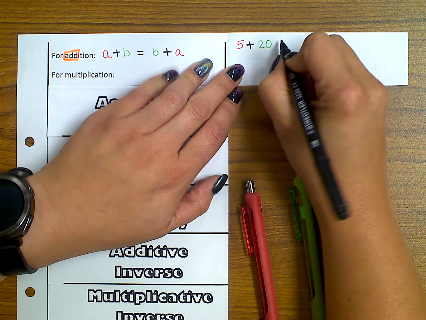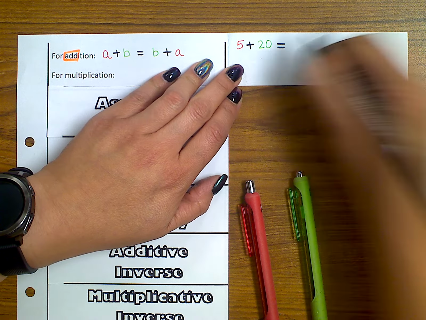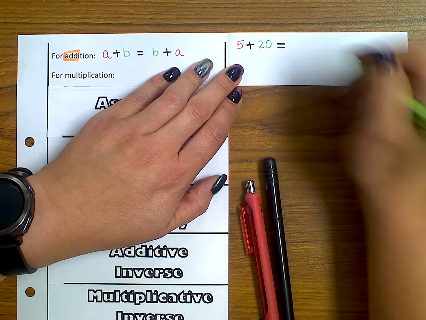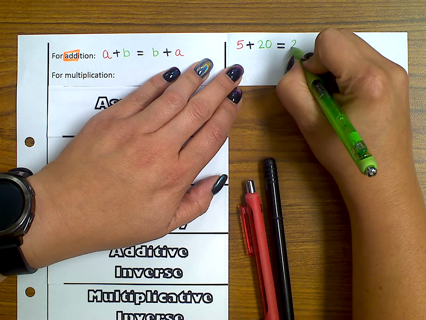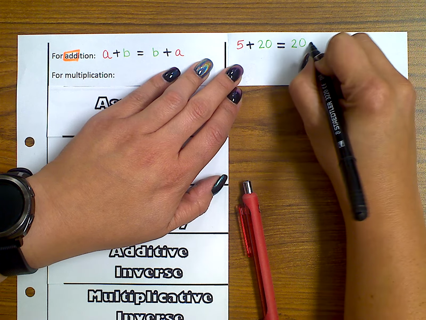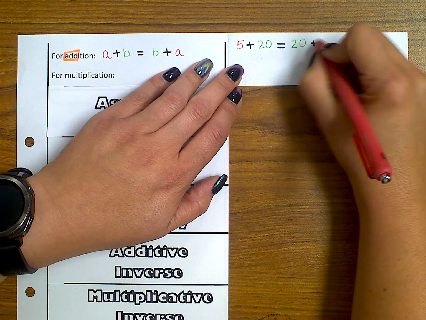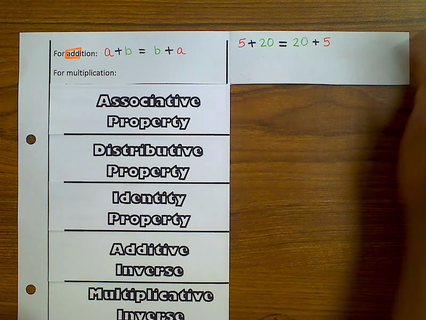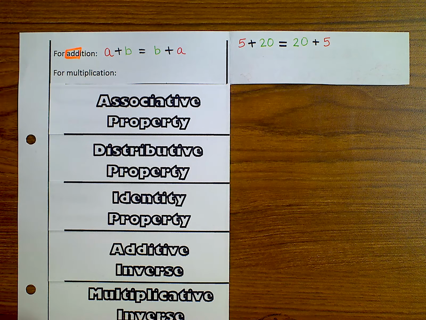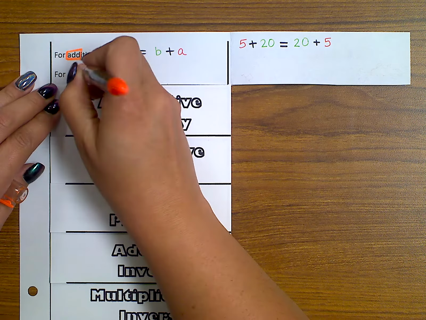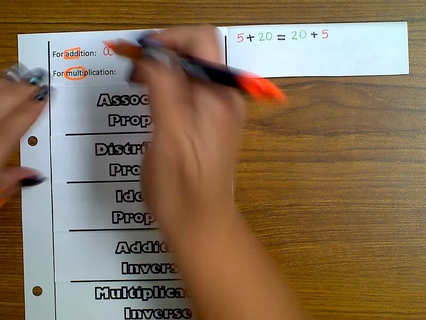So using the commutative property, we would say that 5 plus 20 is the same as 20 plus 5. Do both sides give me 25? Yes.